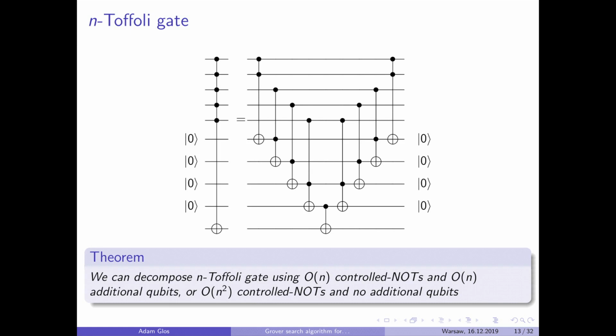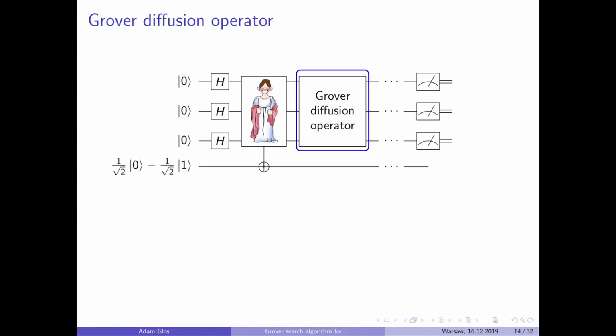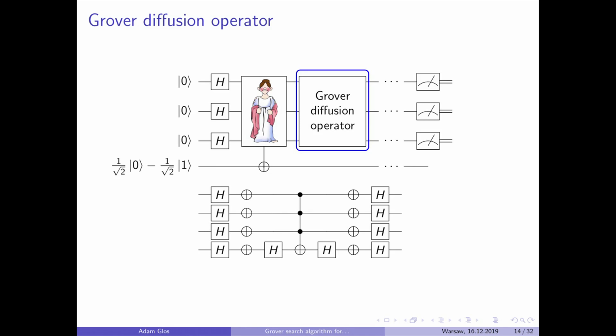Okay, so using this decomposition, we can actually solve our 3rd issue with decomposing the Grover diffusion operator. The decomposition is exactly like this. We start with some Hadamard gates, apply NOTs, and we apply this oracle.